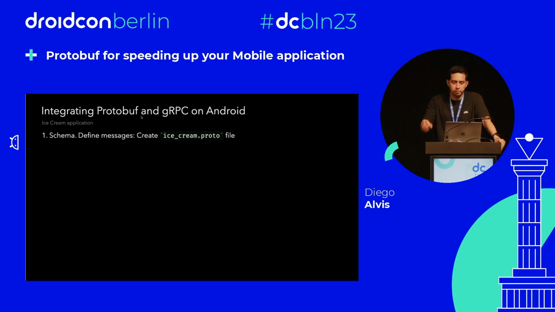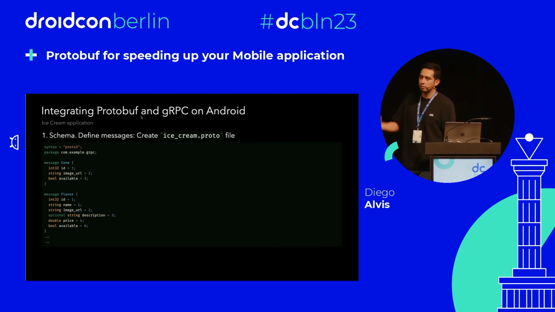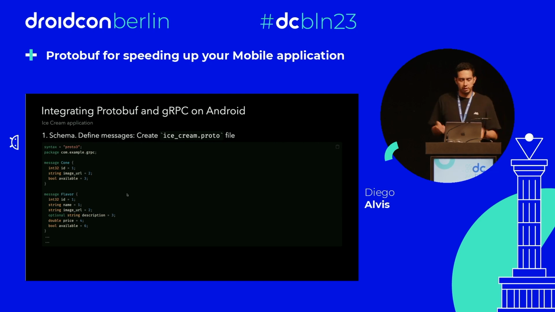So the first thing that I'm going to do is create the ice cream.proto file, and we'll define these two messages or entities. One is the cone, which has the ID, image URL, and available, just to see if the cone is available or not. And then we have the flavor, pretty much similar.